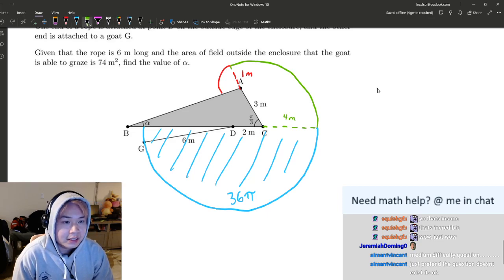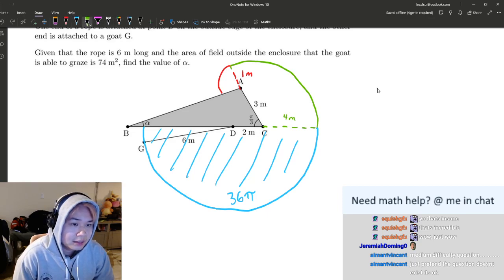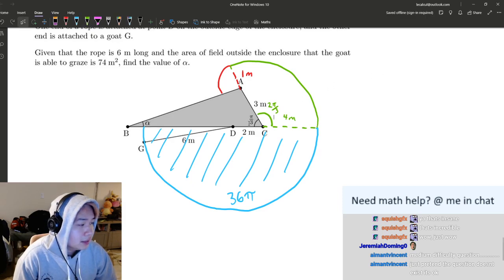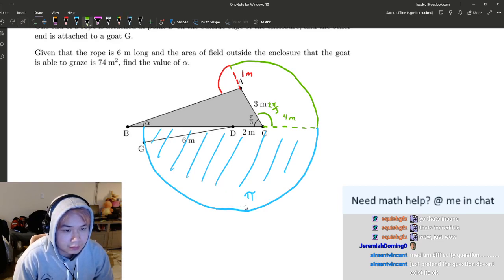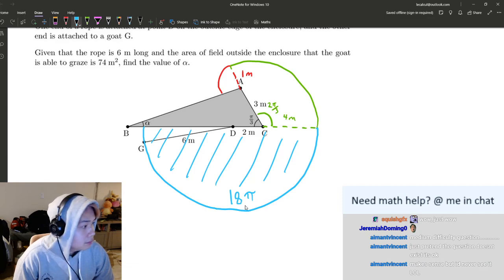Then we can find the area of this sector. And this has an angle of 2 over 3 pi, because I know this is pi over 3. And I know that the radius of this sector is 4. Oh, 36 pi divided by 2, because it's half the circle. So 18. Yeah, I didn't see it.